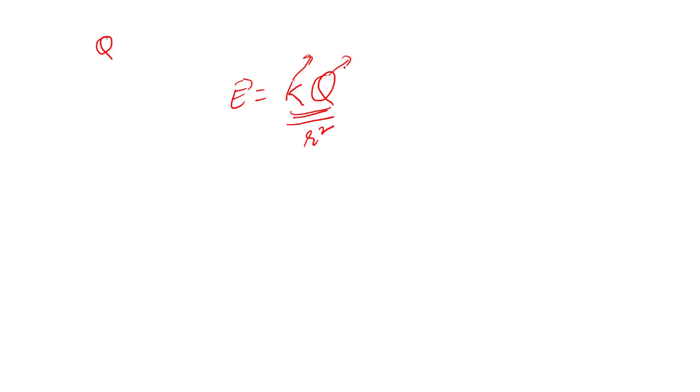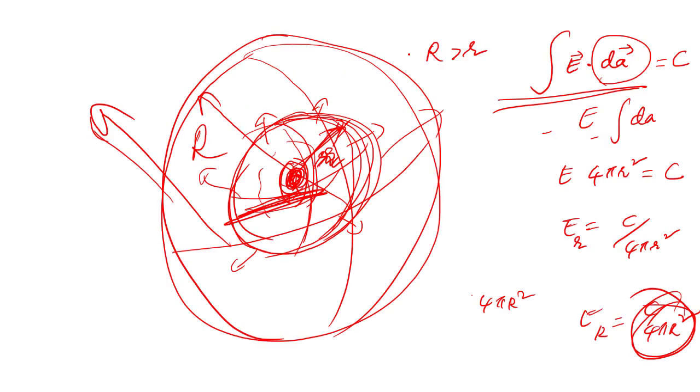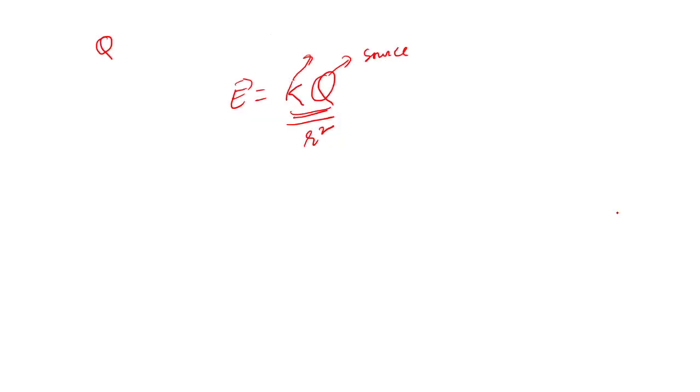If the faucet is putting out so much water, then you would have much more flux. The strength of the faucet at the center determines how much flux is going out, so this constant depends upon how much charge is there at the center. That's how we come up with this electric field, and it points along the radial direction, because the water flow is going out radially.